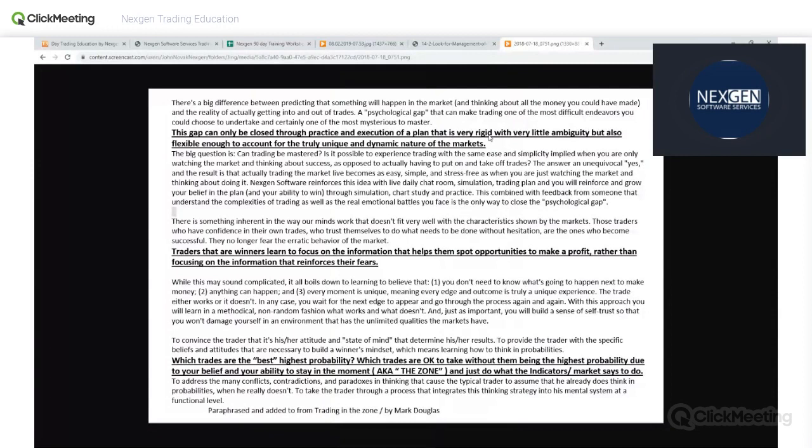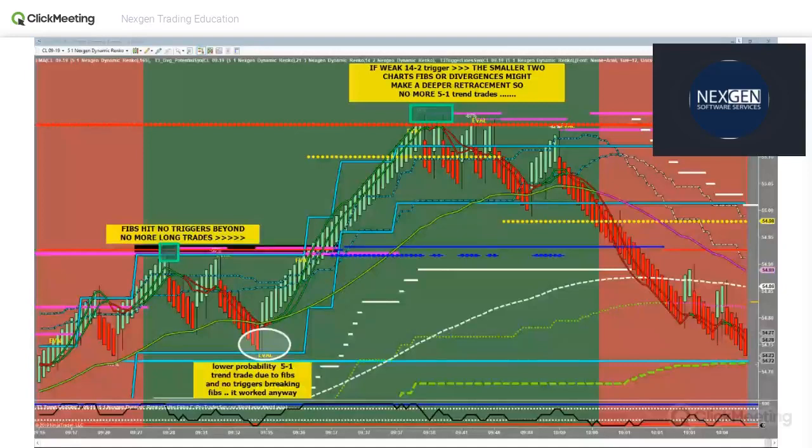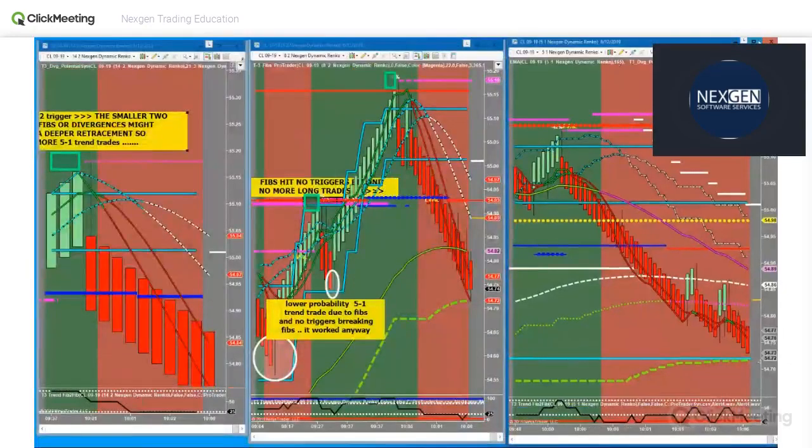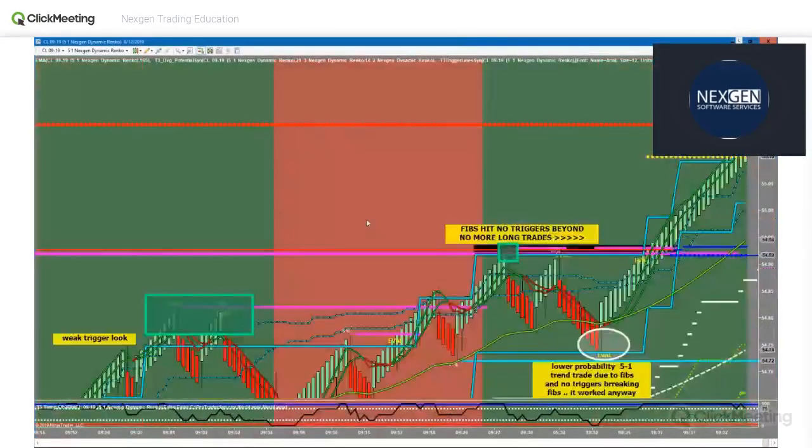If we're in an XYZ situation, we really pay attention to the small chart. Very little ambiguity. You don't do a 5-1 trend trade anymore if the small chart stops the market. But if the small chart doesn't actually stop the market, you can keep going. So when we talk about the dynamic nature of the markets, look at it.